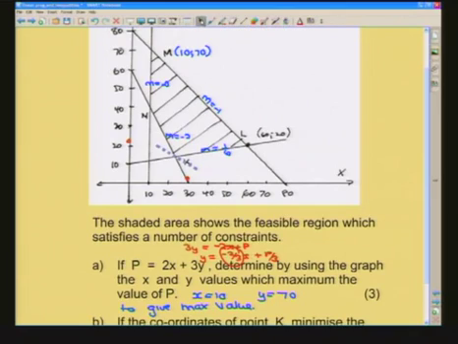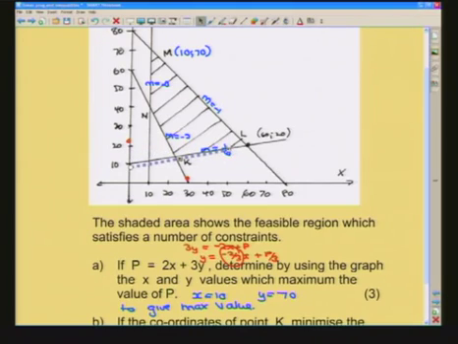Now, what am I doing? I want to know what the possible values are for this. Now, do you agree with me that if I wanted to, I could have made this search line much more steep, and it still would minimize at K, or I could have made it more shallow, and it would have minimized at K. But you agree with me that eventually, if I keep on making it shallower and shallower, it will superimpose on this line.